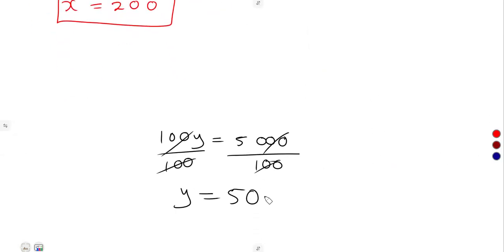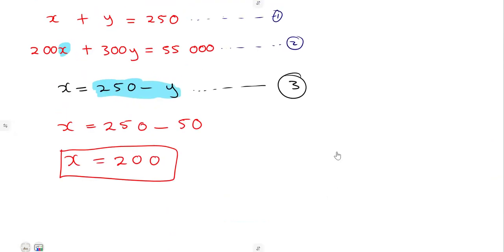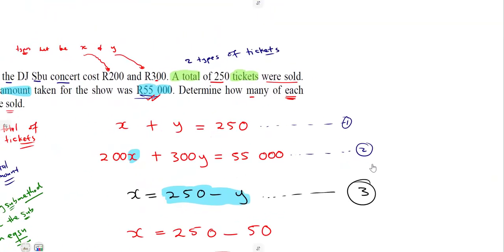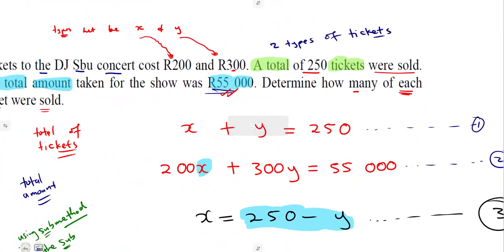So x is 200, and y is equal to 50. Remember, these are the types of tickets we are talking about. X represents the 200 rand tickets.